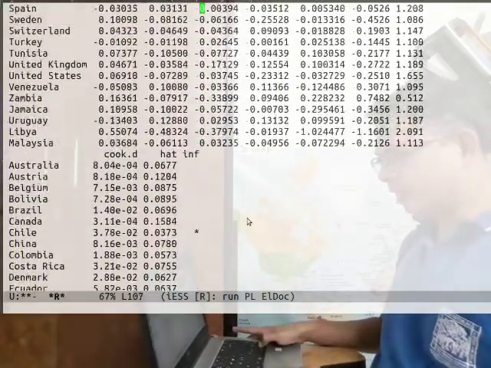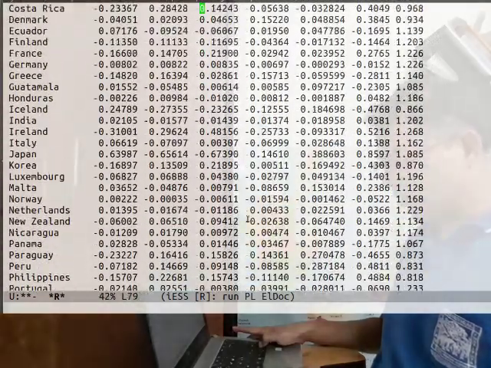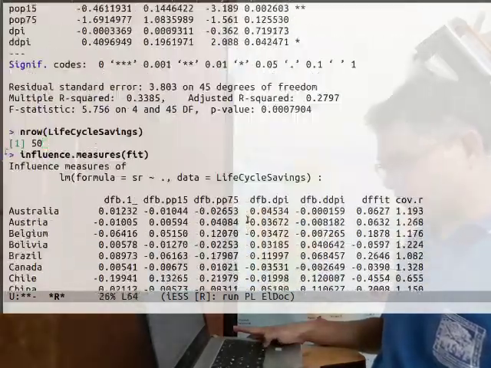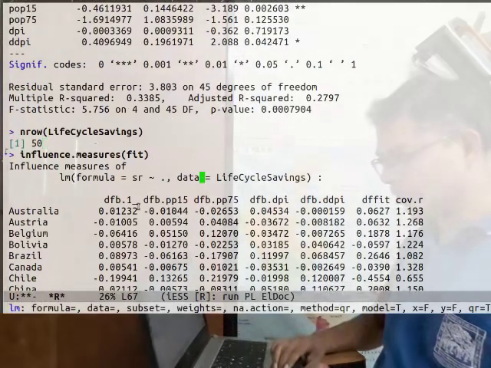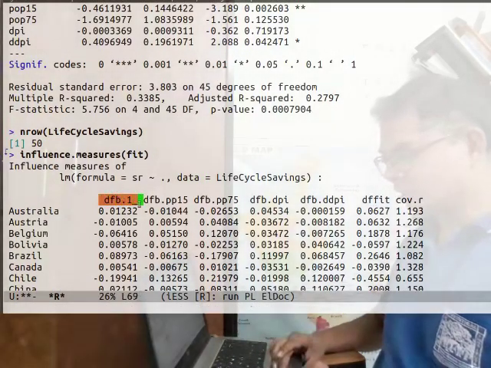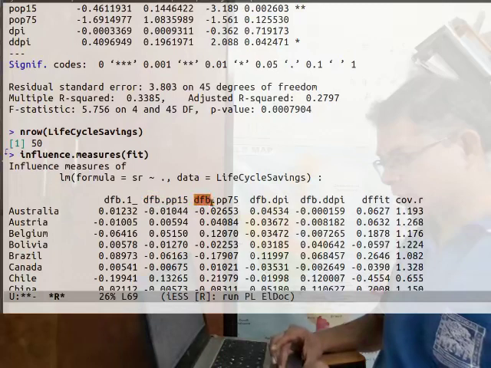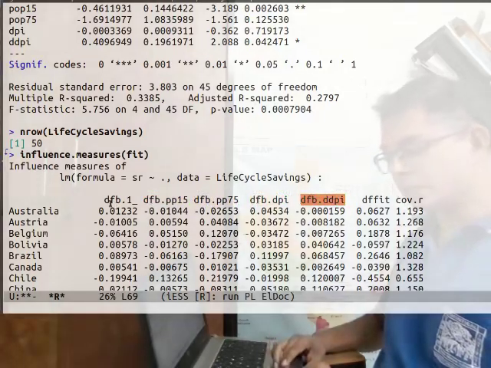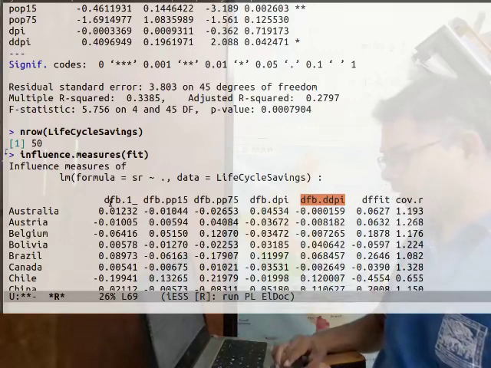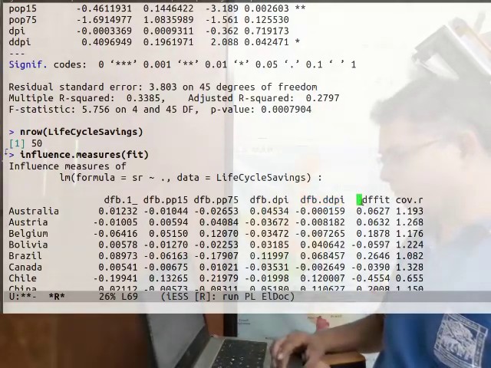For each value of i, that is, in our case for each country, it will compute the following things. It will compute the DFBETAS quantities. So dfb.1_ is for the intercept, this is for POP15, that is one of the regressors, this is for another regressor, and this and this. So there are 4 regressors plus the intercept term. These are the DFBETAS values. Similarly, these are the DFFIT values.